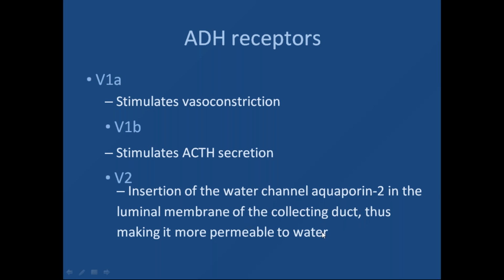Normally 65% of the water and sodium is reabsorbed in the proximal convoluted tubule. So that is a mandatory reabsorption. That reabsorption will be done irrespective of the volume of water in the body. Then it goes to the thin ascending loop and thick ascending loop. In the thin ascending loop also there will be reabsorption of the water and sodium, and then it goes into the distal convoluted tubule.